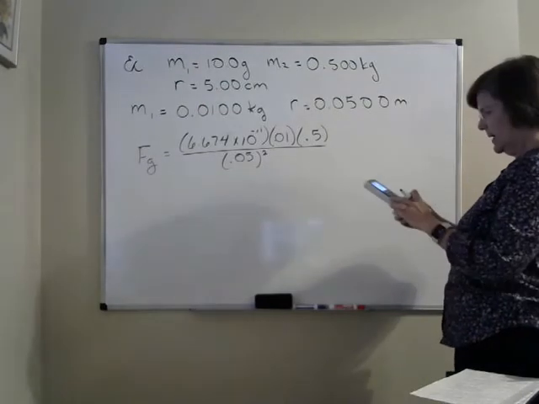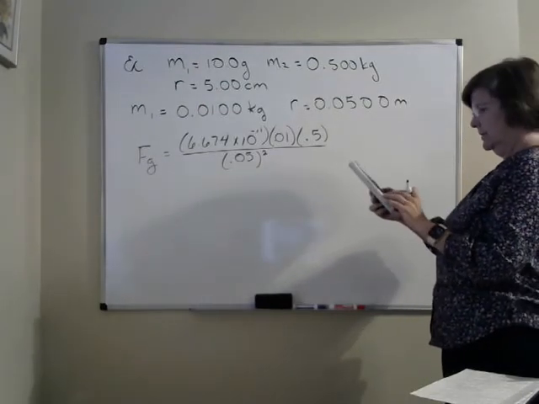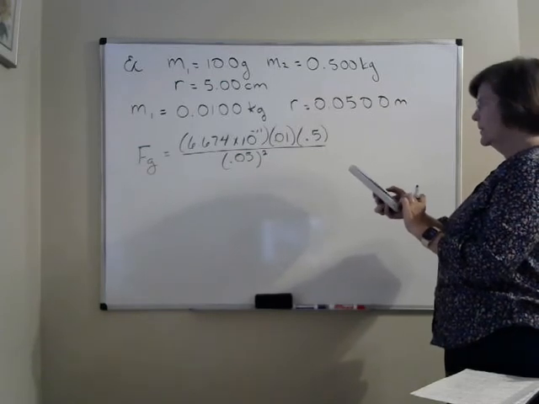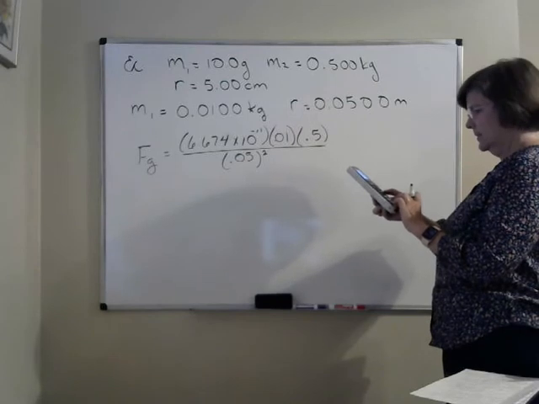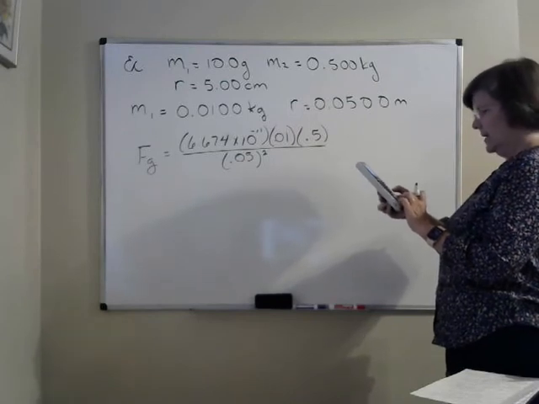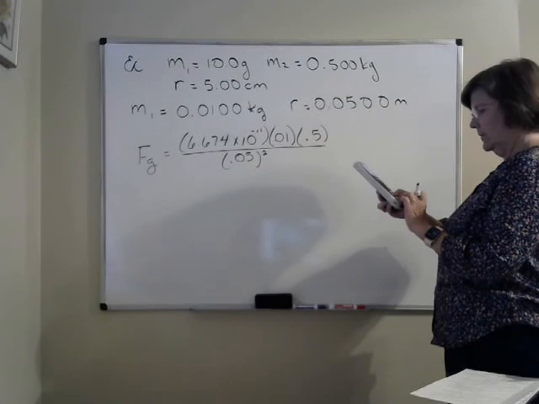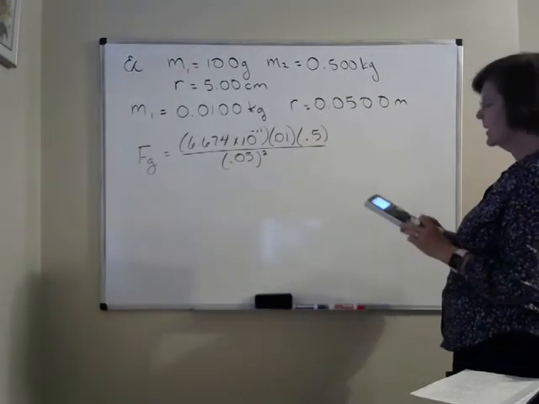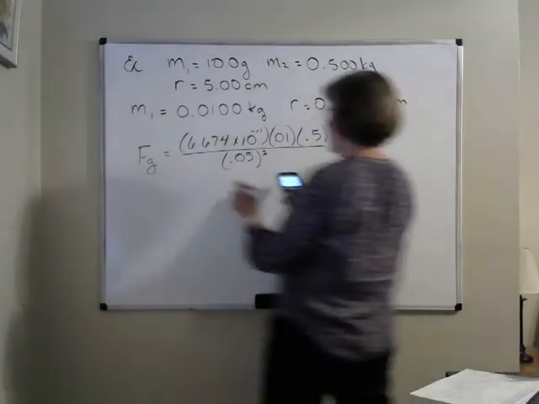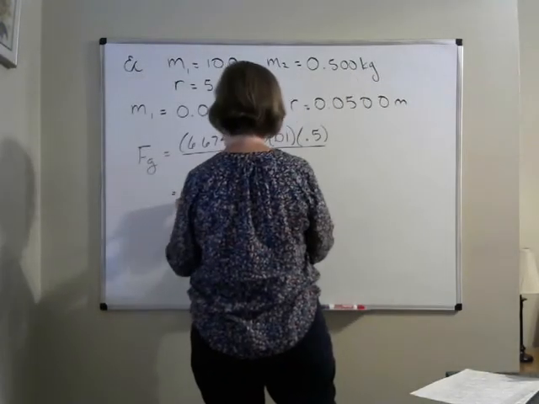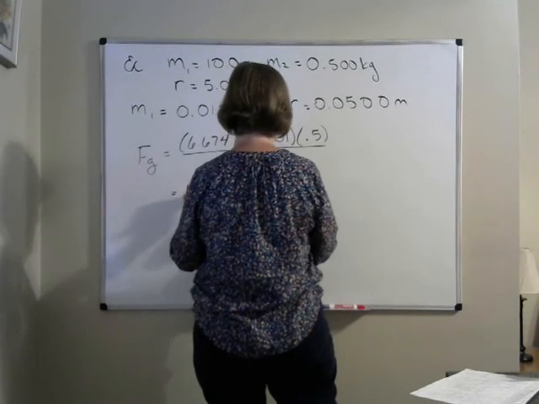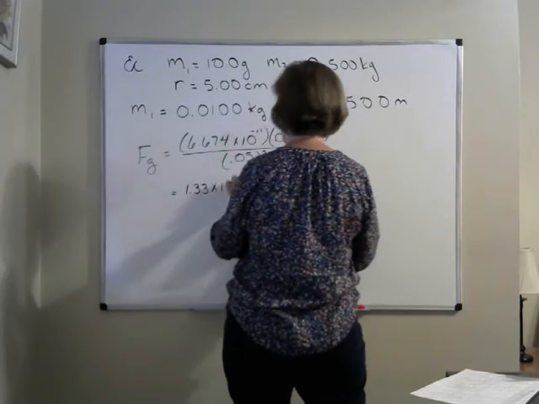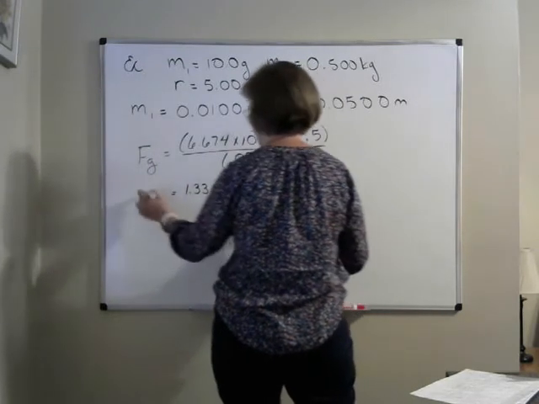So that is alpha G times 0.01 times 0.5 divided by 0.05 squared. So these were pretty close together. They weren't really big, but the force between them is really tiny. 1.33 times 10 to the negative 10 newtons.